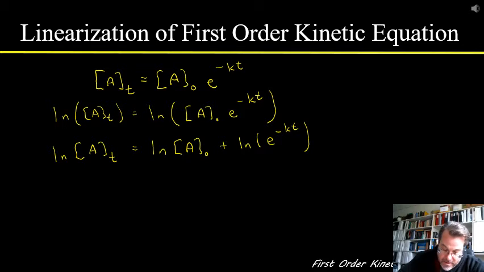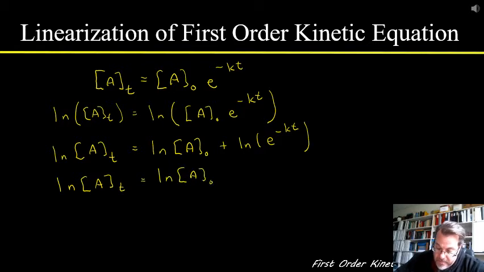Right. And so we'll keep this as it is, natural log of A sub 0. And then this last part here, natural log of e to the minus kt, is just minus kt.